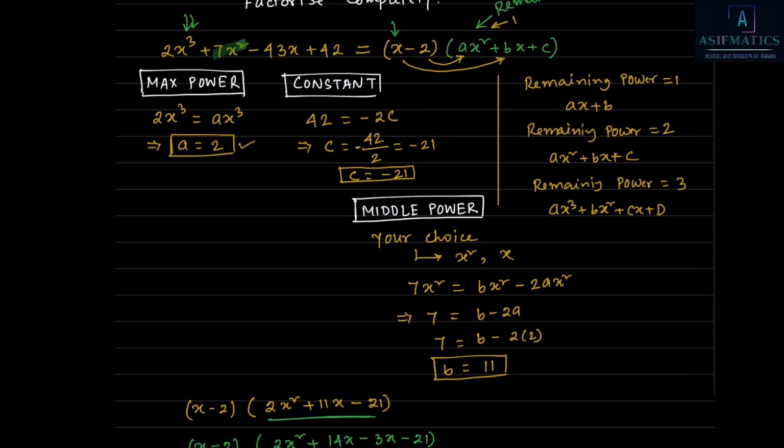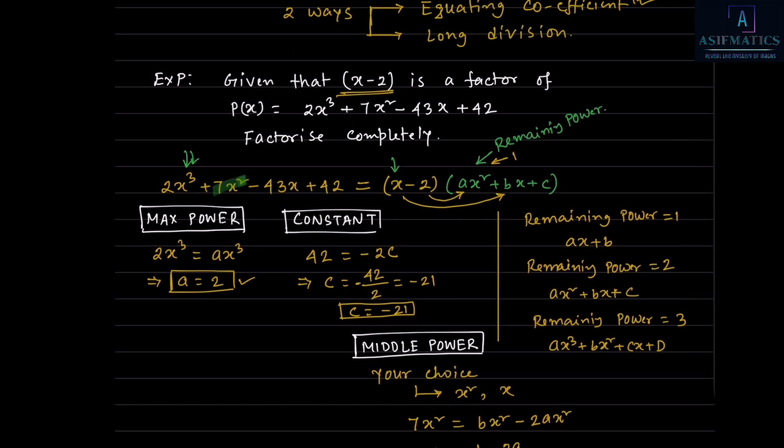I come back once again. What you do, first of all, you write the polynomial, then you write the first factor because your first factor is known, and then look at the power of the first factor.